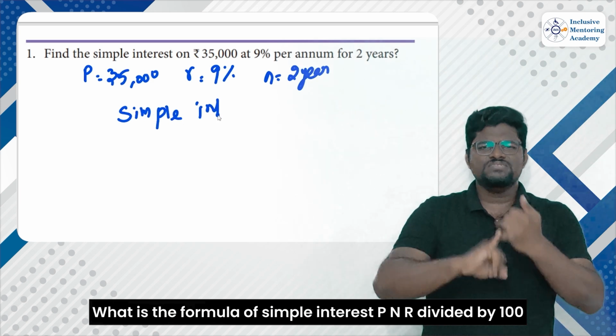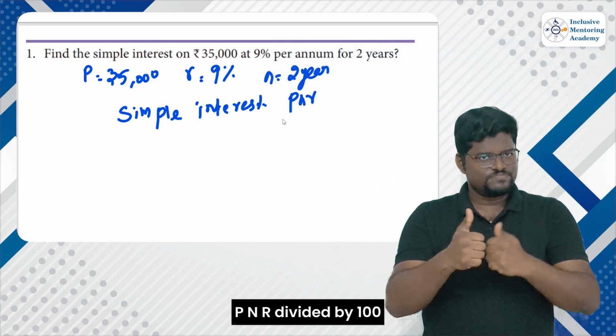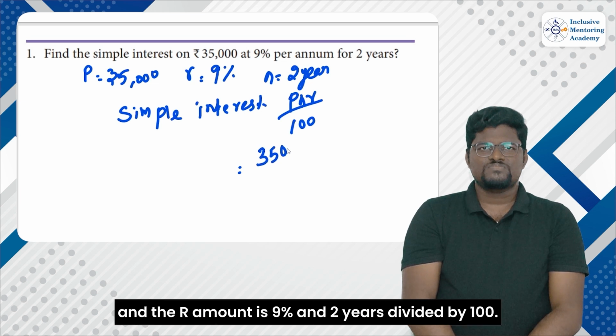What is the formula of simple interest? PNR divided by 100. The principal amount is 35,000, the rate is 9%, and 2 years, divided by 100.